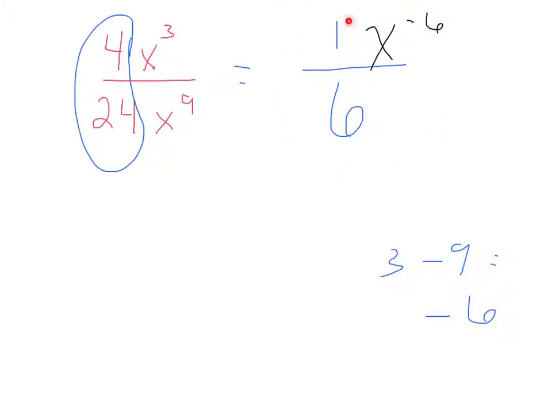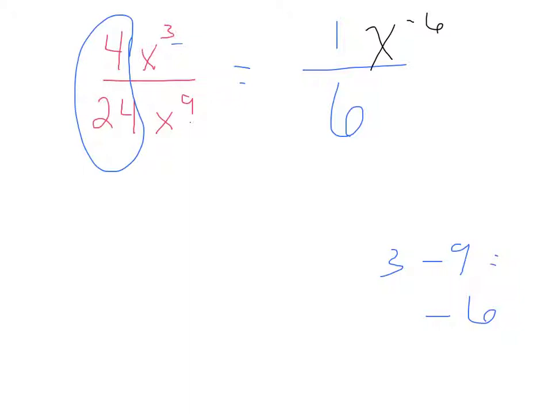So what does it mean to have a negative exponent? What it means to have a negative 6 in the exponent of that x is that the x is on the wrong side of the fraction. In other words, while the x is in the numerator, it should be in the denominator. And we know that from the last lesson because 9 minus 3 is 6 and there are more x's in the denominator.